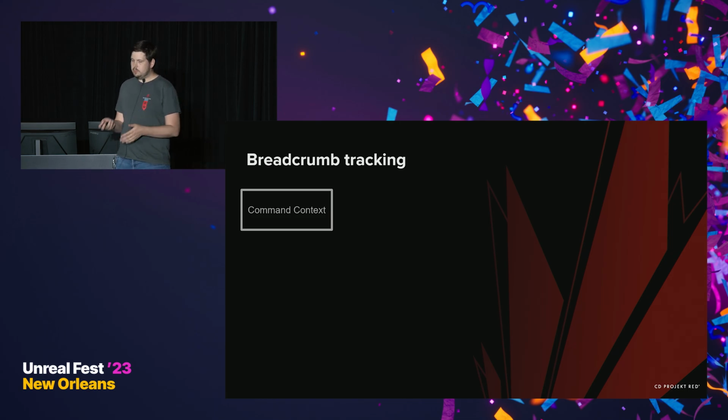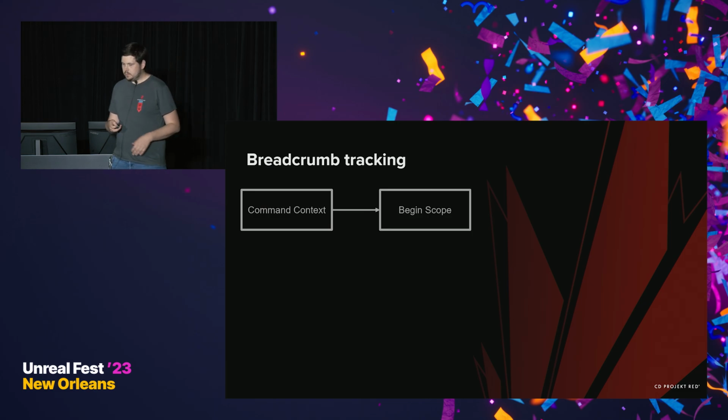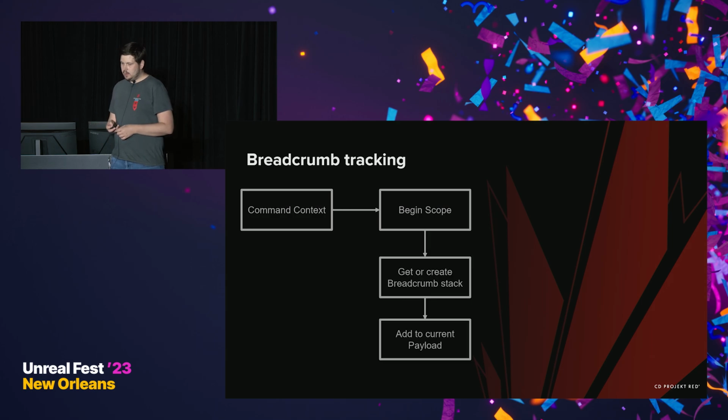So how do we keep track of stacks and markers? First, the command context is responsible for generating work on the GPU. It creates command lists and sends them off in payloads to the GPU. When we begin a scope, we then need to write the started state of a marker to the GPU. So here we begin. And then we need to first get the breadcrumb stack that we use to write the marker to.